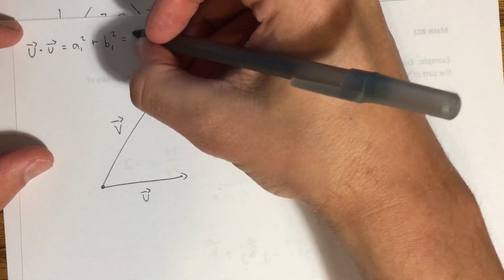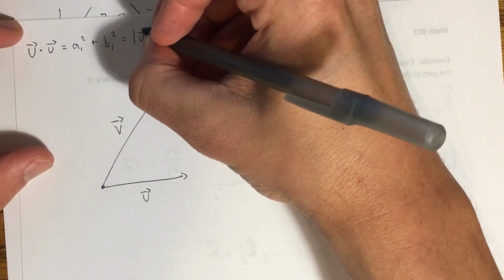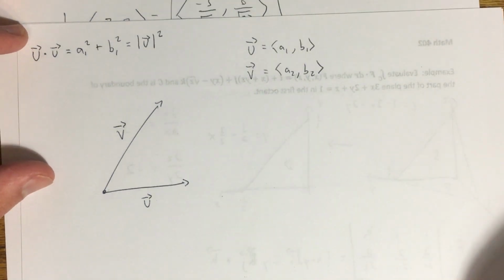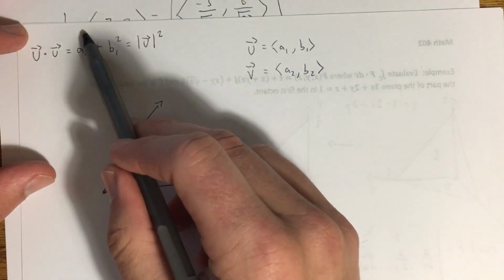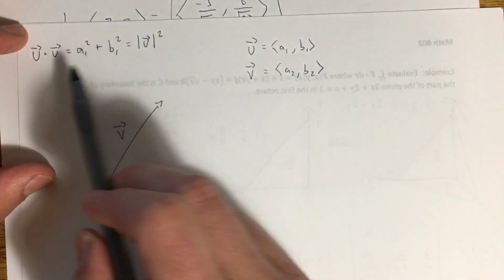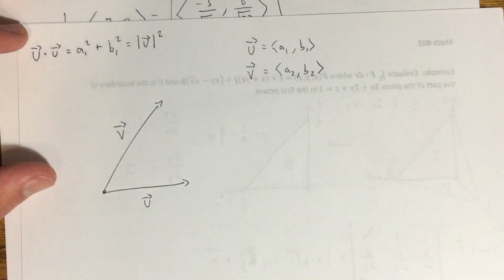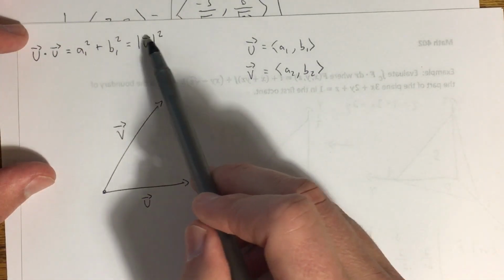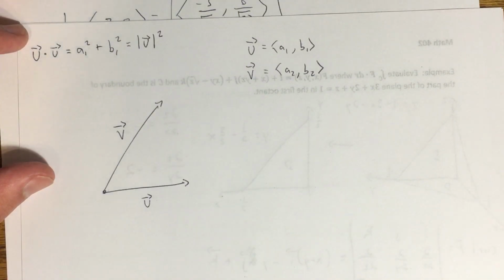That's the same thing as the magnitude of u squared. Did you notice that? If I take a square root of this, the square root of a1 squared plus b1 squared, that's how we define the magnitude. So the dot product has a direct relationship with the magnitude of a vector. When you dot a vector with itself, it's the same as squaring the magnitude of that vector.